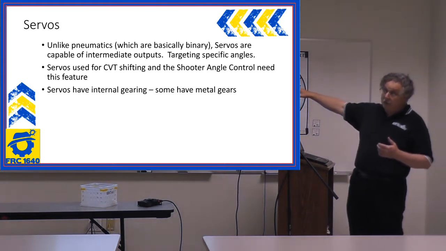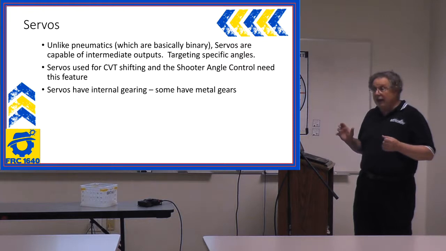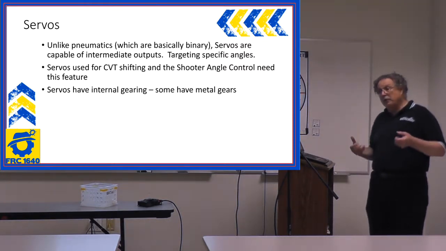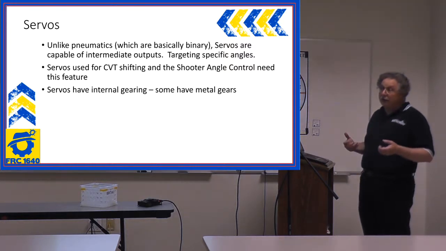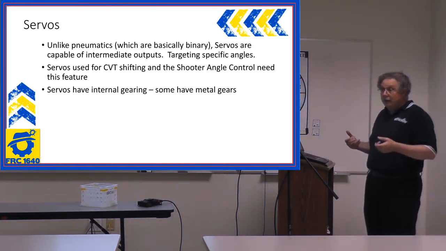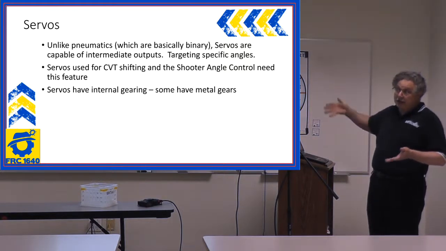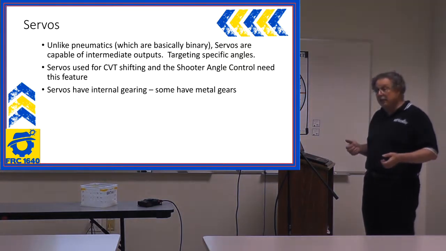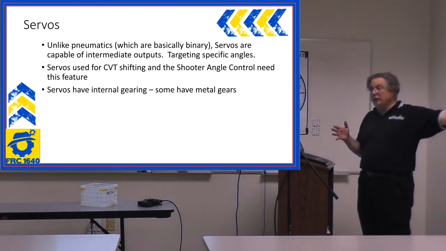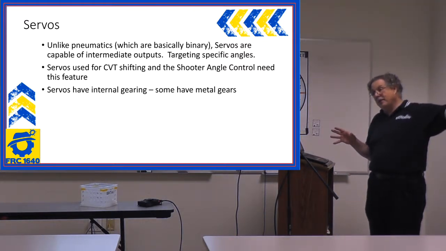I could do that with a motor, but I would need to have an encoder, I would need to have feedback. Plus my motors are really powerful. I'm going to break things. My original idea with controlling the shooting angle was to put a motor, not a powerful motor, but a motor with a lot of reduction so that it was slow.